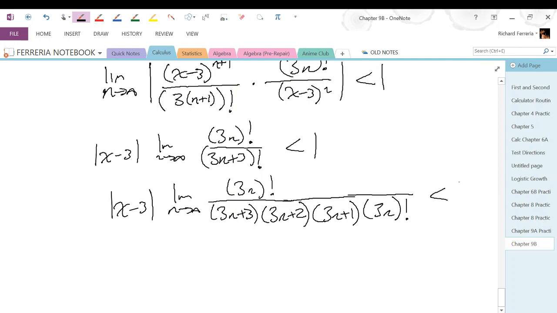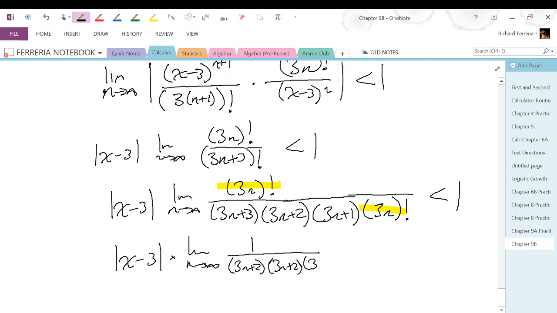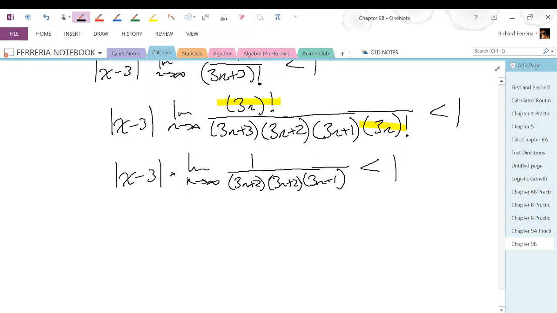We want this to be less than 1. Okay, it looks to me that we can cancel that with that, giving me the absolute value of x minus 3 multiplied by the limit as n approaches infinity of 1 over (3n plus 3)(3n plus 2)(3n plus 1). What is this limit?